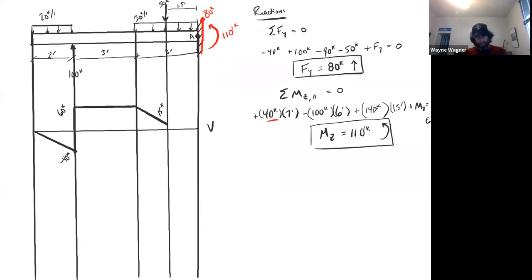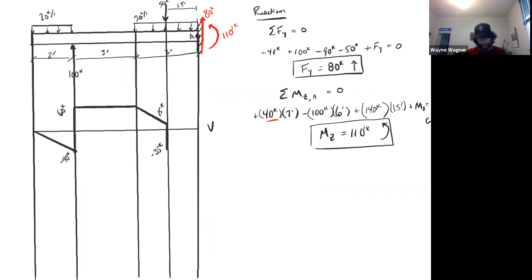At which point this additional 50K comes into play. And so now I'm going to go down 50 until I'm at negative 35 kips. Okay, so now I'm going to go down 30 kips per foot for another 1.5.